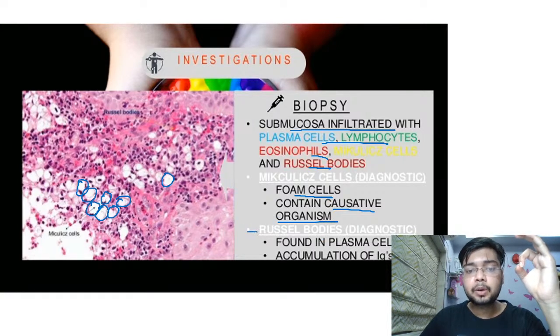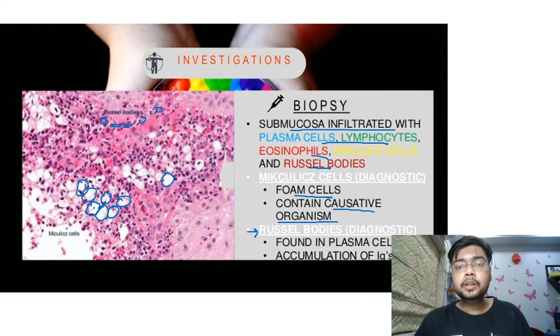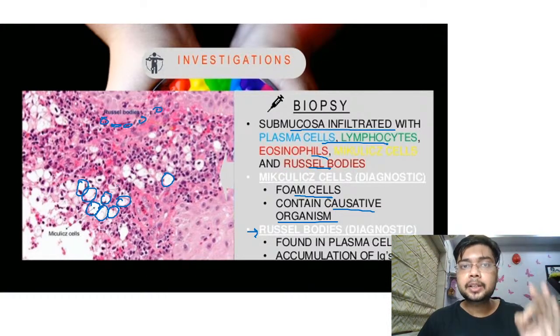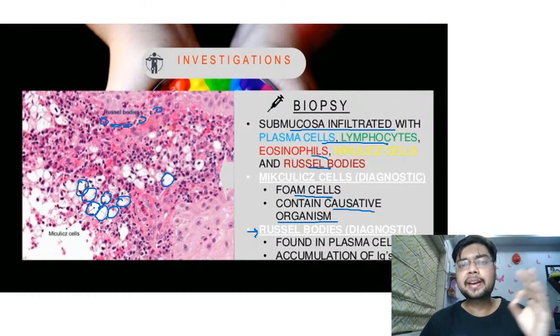Okay, and Russell bodies are the accumulation of immunoglobulins that are seen in the plasma cell. So if you see here, the denser ones are the Russell bodies, and the foamy appearing cells are your Mikulicz cells. So Mikulicz cells are the ones that carry the organism and are diagnostic for rhinoscleroma.